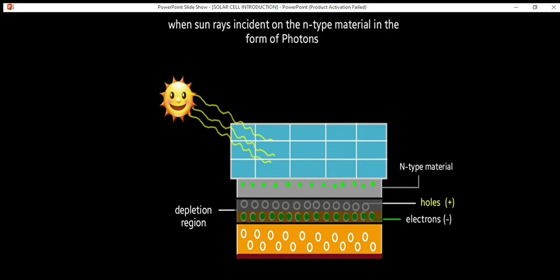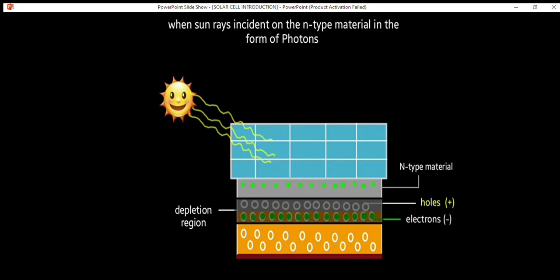So when we place N and P-type, the electrons from N-type move into P-type and fill the holes, and where the free electrons come from, the holes are made.